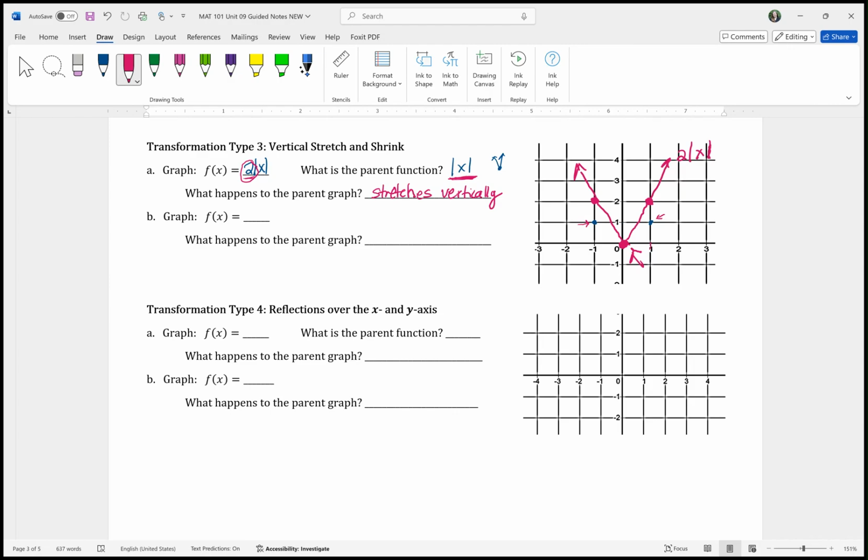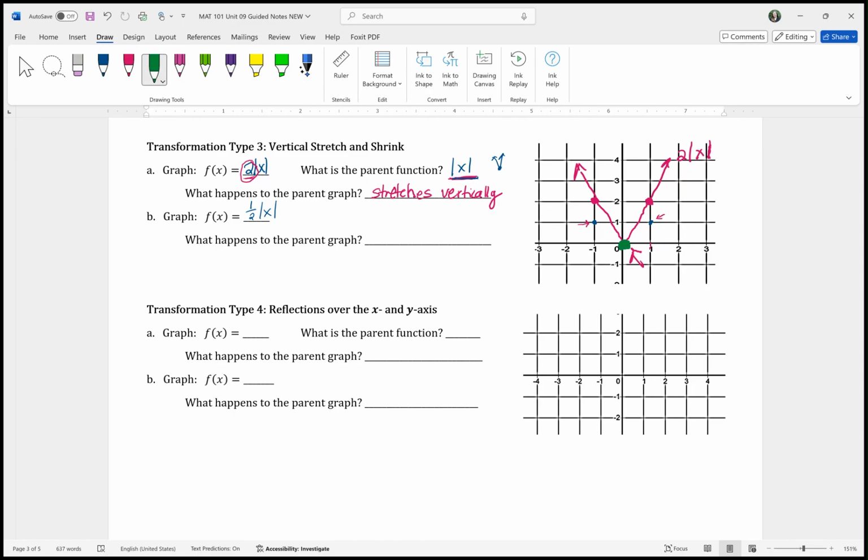What do you think happens if I looked at 1/2 in the front of absolute value of x? So I still have that parent function absolute value of x. What happens if I plug in 0? We know that our parent function is absolute value of x. So absolute value of 0 is 0, and then multiply by 1/2, I get 0.